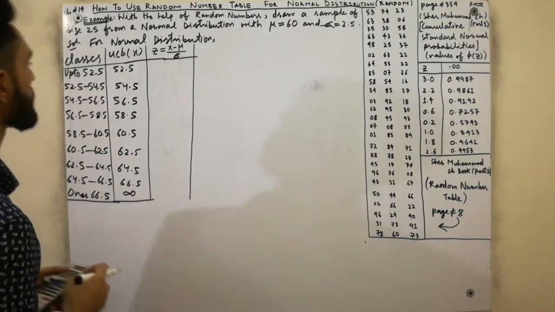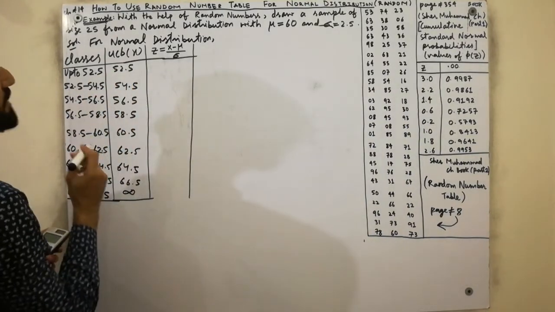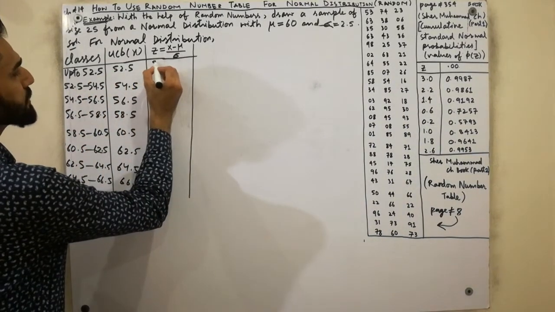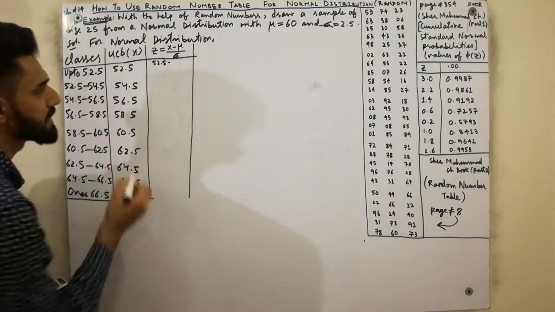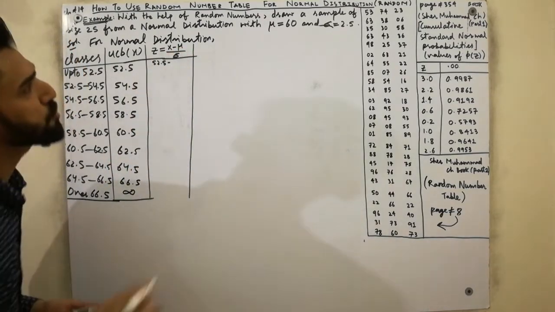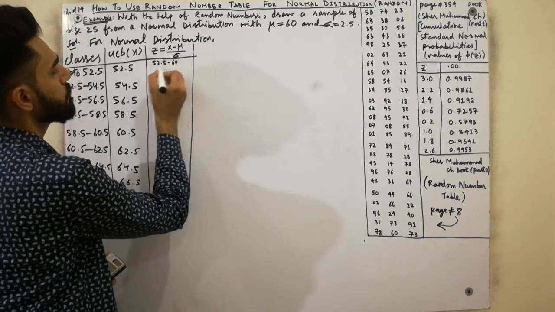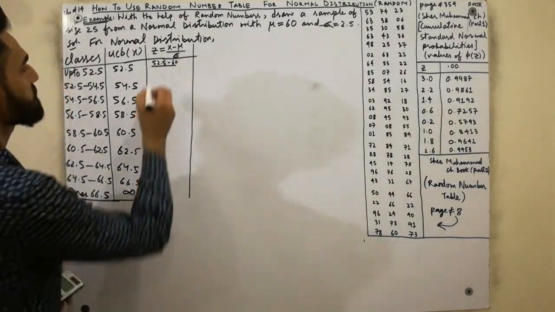Now I'm calculating: 52.5 minus 60 divided by 2.5.